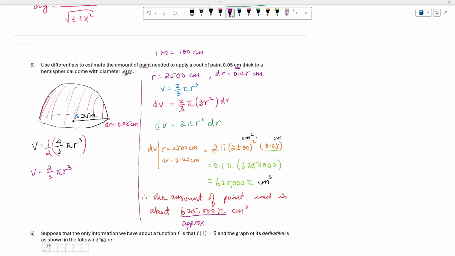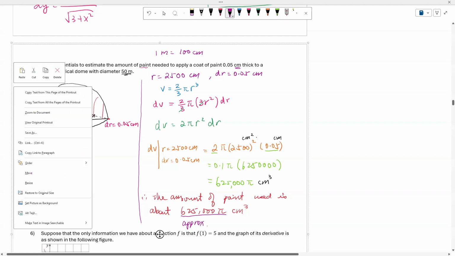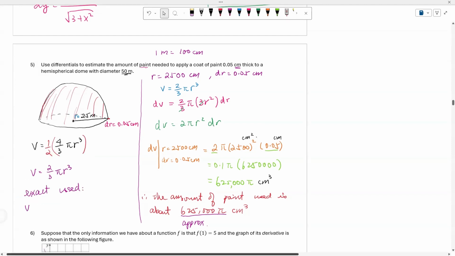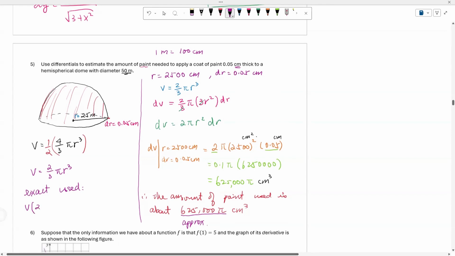If I want to work with the actual, exact amount used, what I need to do is find the volume. If I add to the r, it will be 2500 plus 0.05, minus the volume when r is 2500, then this will be the exact amount used. Again, we have to use a calculator to help us do this.